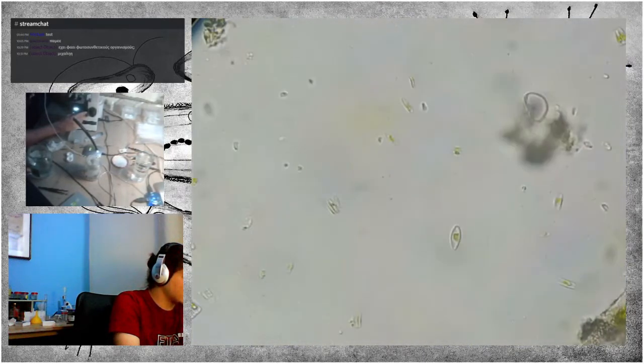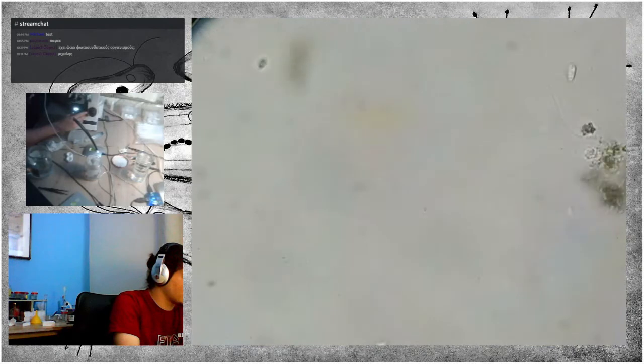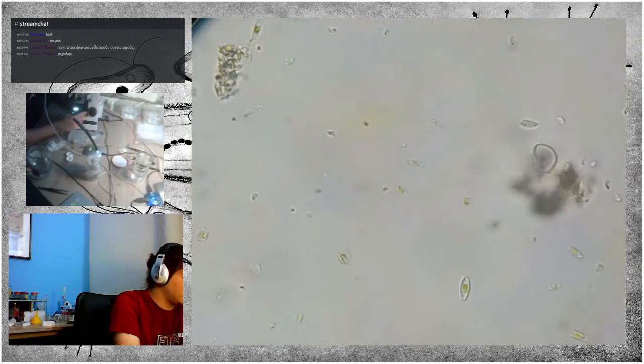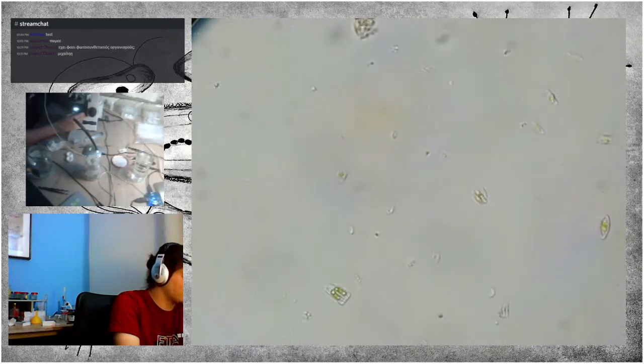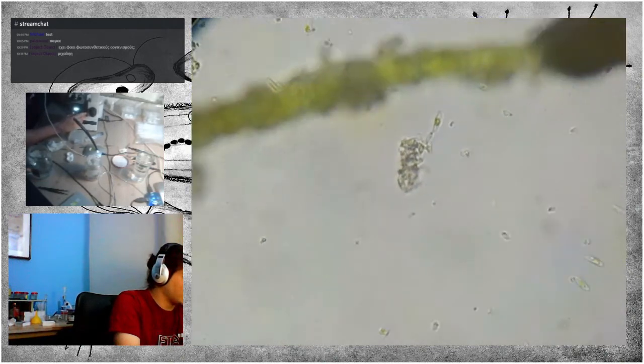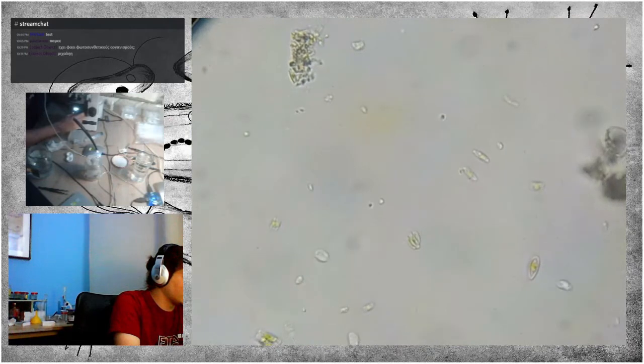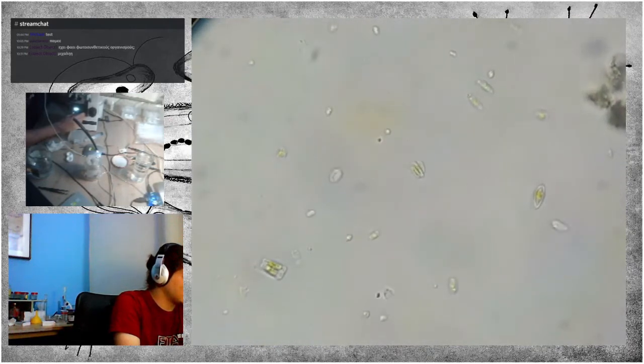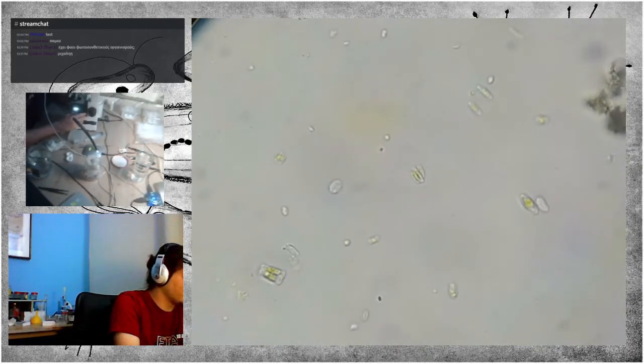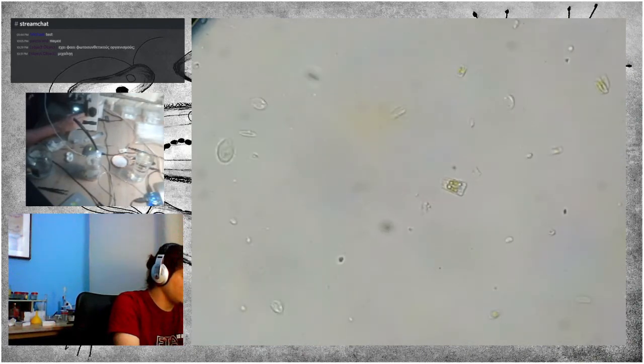Again, lots of diatoms. Generally, you'll find diatoms either latched on filamentous algae or on the top of the slide or on the bottom of the cover slip.